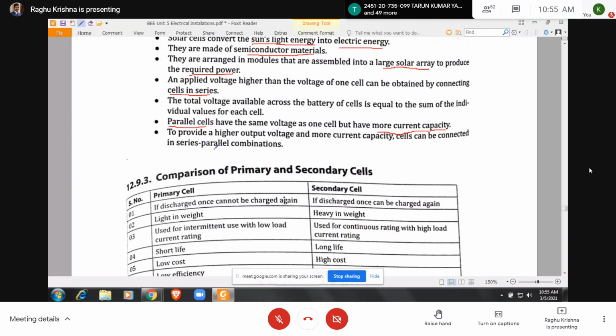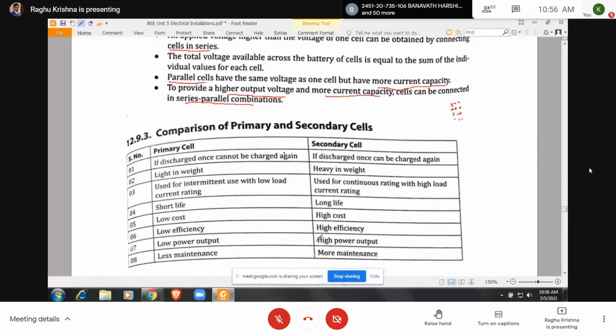To provide higher output voltage and more current capacity, cells are connected in a series-parallel combination. So with a series-parallel combination, some cells in series and some cells in parallel, we can increase both the voltage and the current.